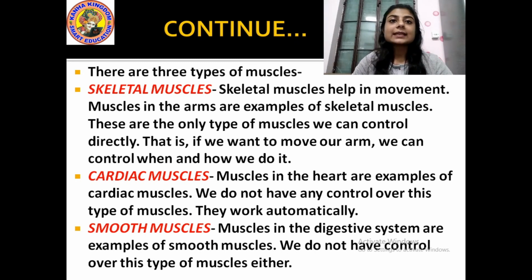And what is smooth muscle? Muscles in the digestive system are examples of smooth muscles. We do not have control over this type of muscles either. As I already told you, the muscles of the stomach and heart are involuntary because we cannot control their movement.